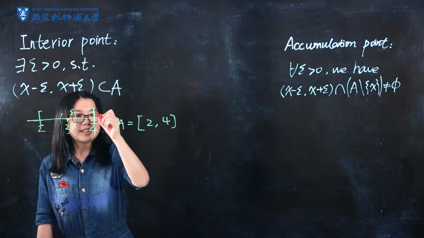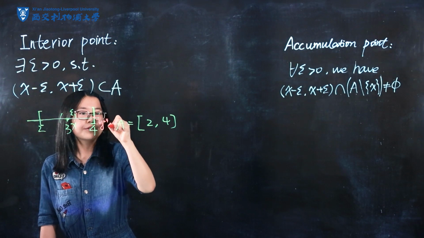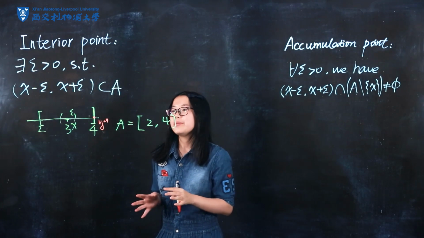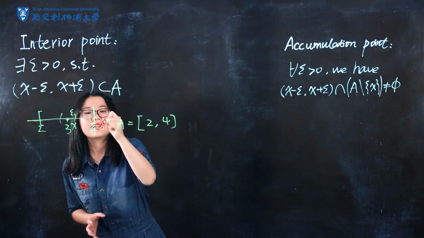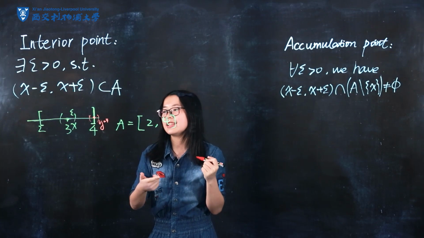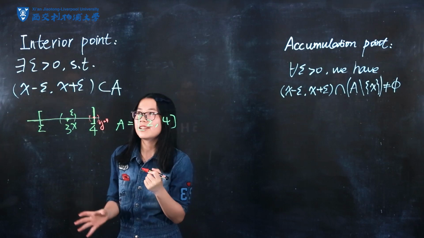If I take y here, y equals 4, then this point is not an interior point, because you can never find some epsilon such that the small set is contained in A. So x is an interior point, but y is not.